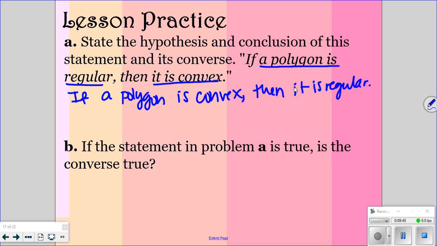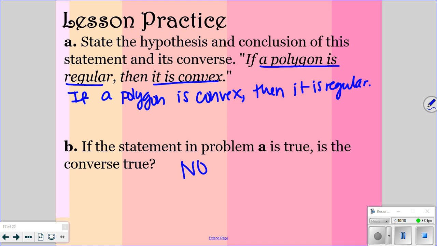So it says if the statement in problem A is true, is the converse true? Are the statement and converse logically equivalent? No. So just because the statement in problem A is true, that does not mean that the converse is true. If you have a polygon that is convex, it doesn't have to be regular.